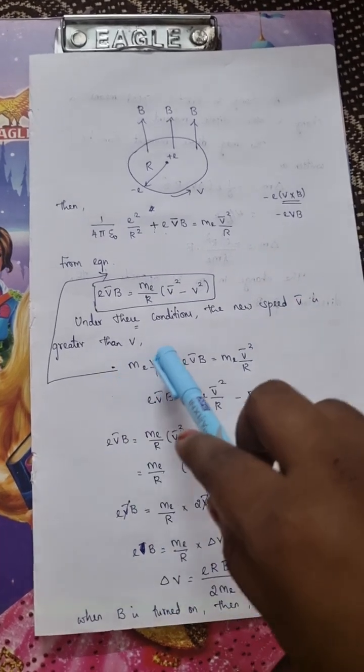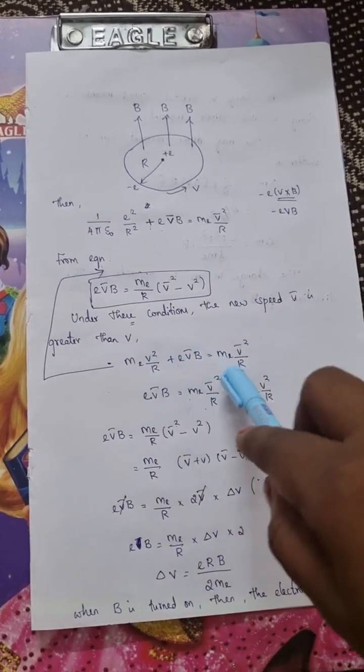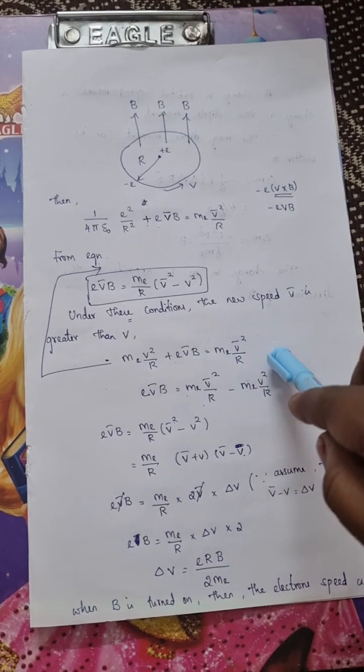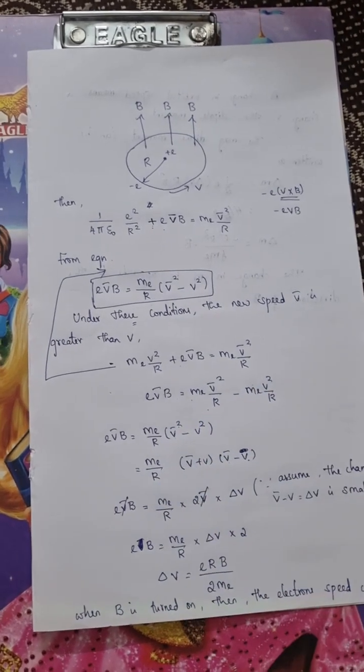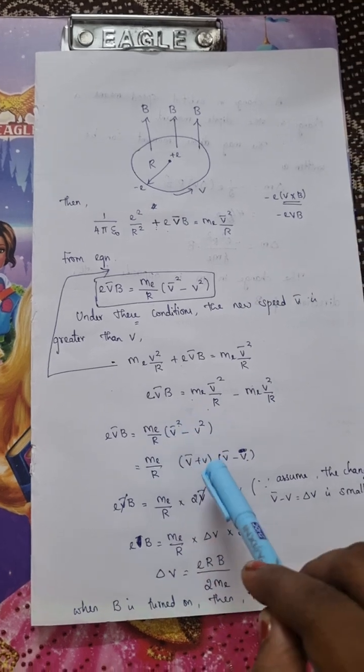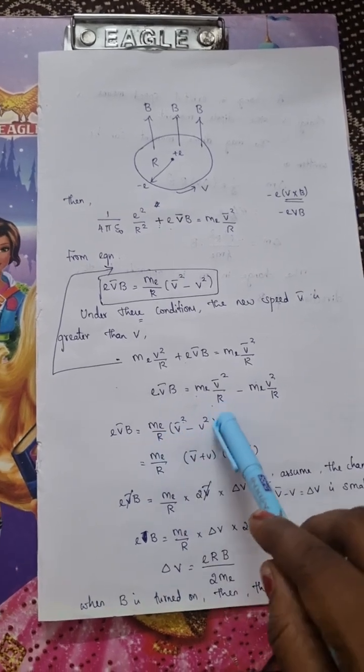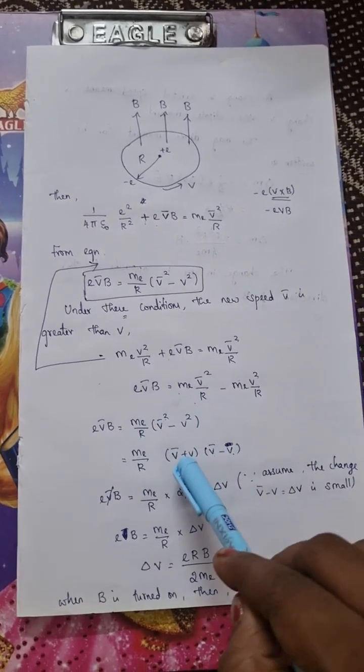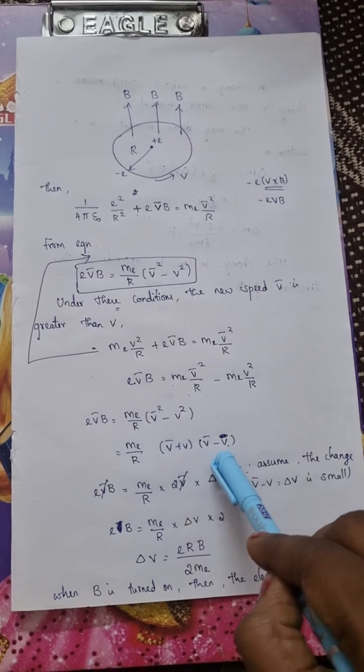So we can take m by r outside, leaving v bar square minus v square. This is in the form of a square minus b square, which we can write as a plus b into a minus b.